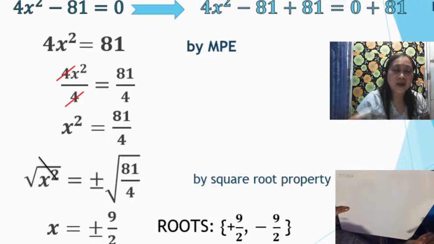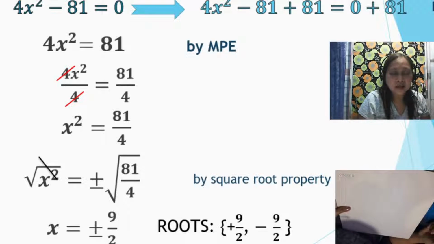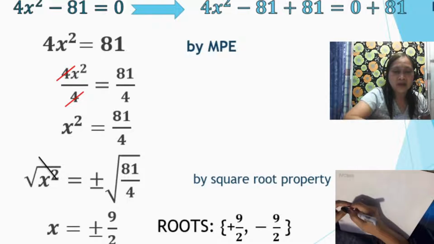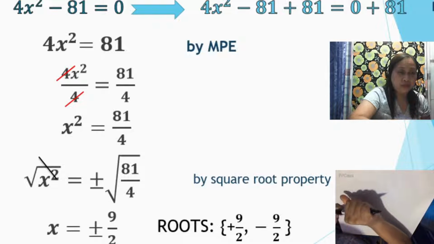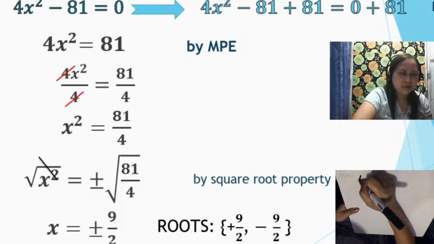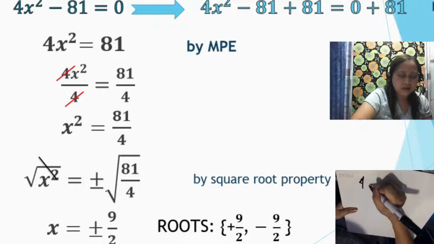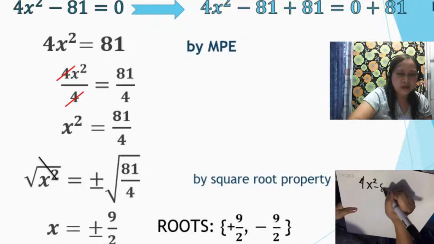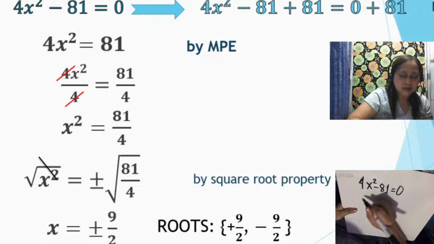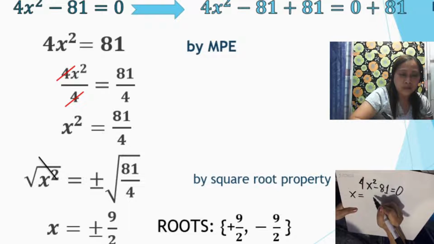Okay, let us check our two roots if they are the real roots of the equation 4x squared minus 81 is equal to 0. Here's how. 4x squared minus 81 is equal to 0, when our x is equal to positive 9 over 2.